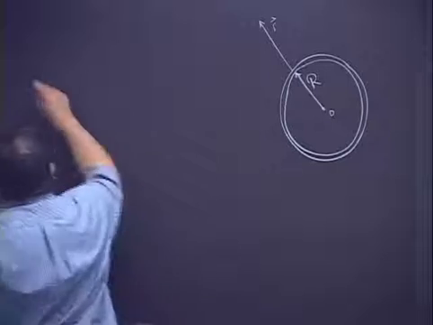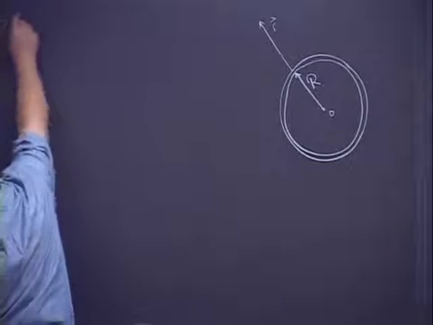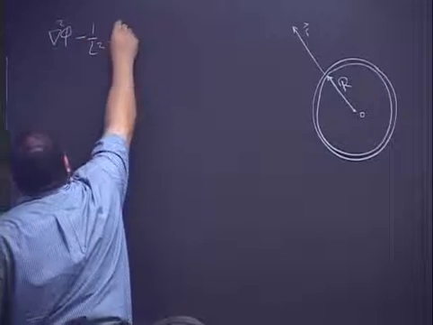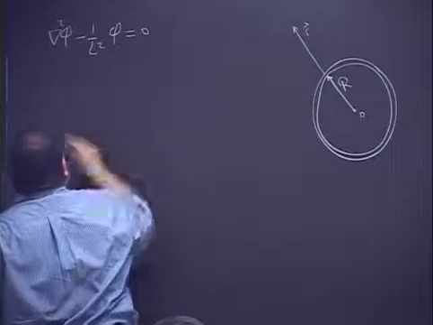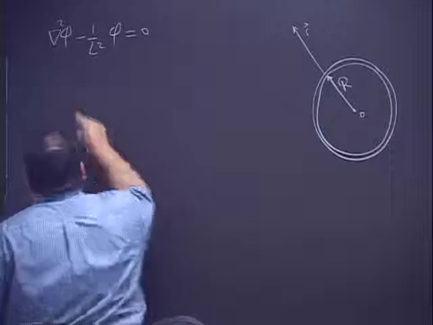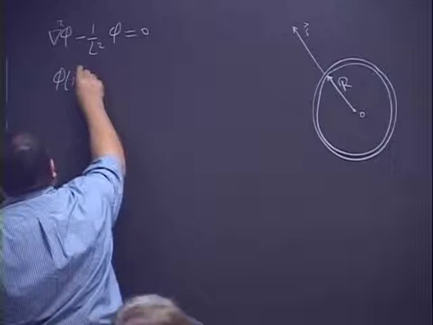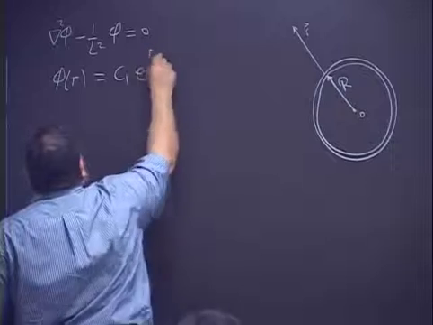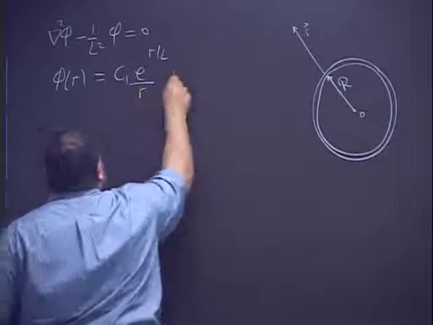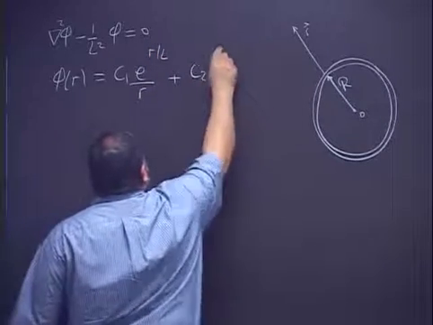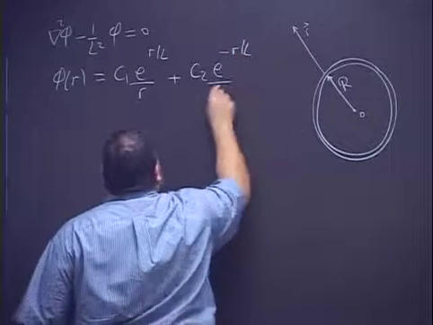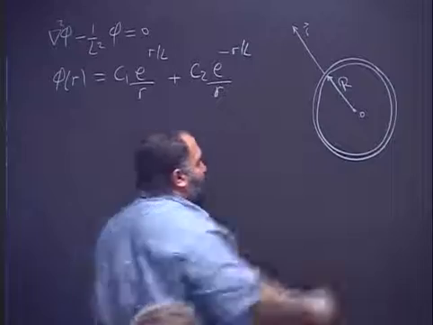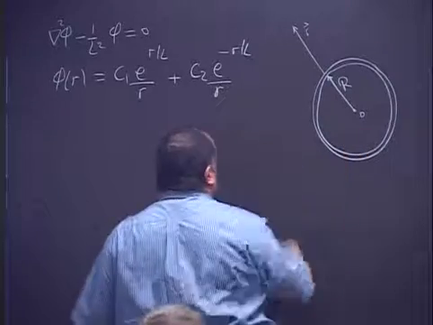So you will solve the Laplacian: ∇²φ − (1/L²)φ = 0. Then your solution φ(r) will be some c1 e^(r/L)/r plus some c2 e^(−r/L)/r. So this is a general solution whether you will solve it inside or outside.